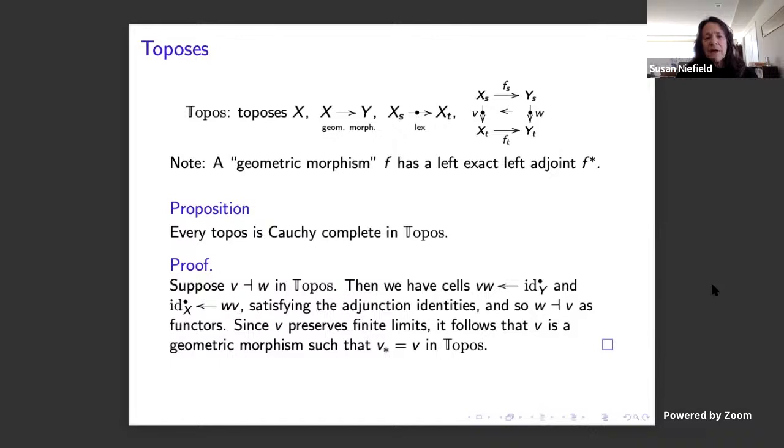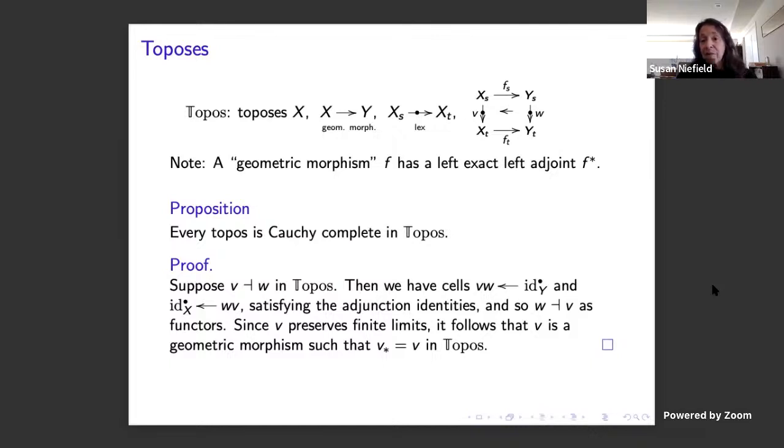So suppose every topos is Cauchy complete in whichever topos category you're looking at. So suppose V is left adjoint to W in Topos. Then we have these cells: the identity on Y into VW, and WV into the identity on X, satisfying the adjunction identities.